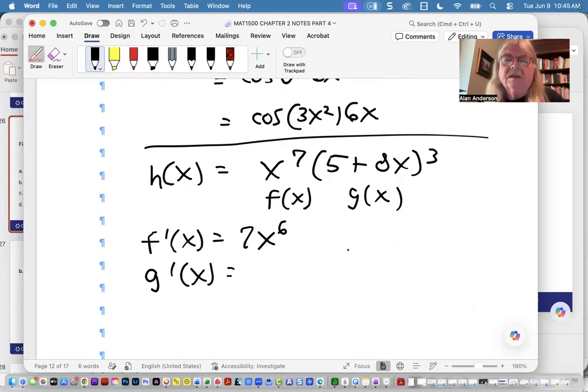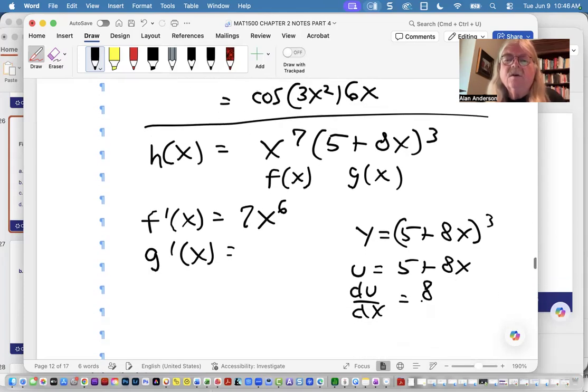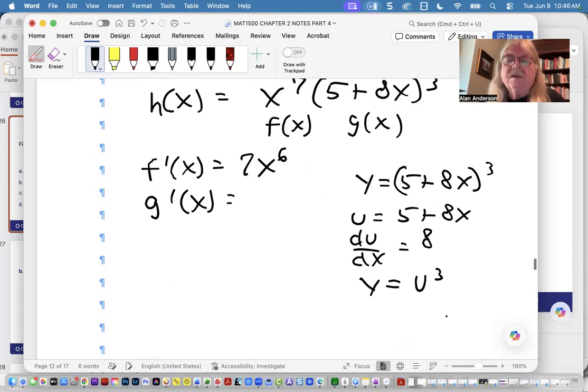So let's take a look at this one. Let u be 5 plus 8x, and y, of course, becomes u cubed. And dy/du would therefore be, based on the power rule, 3u squared.